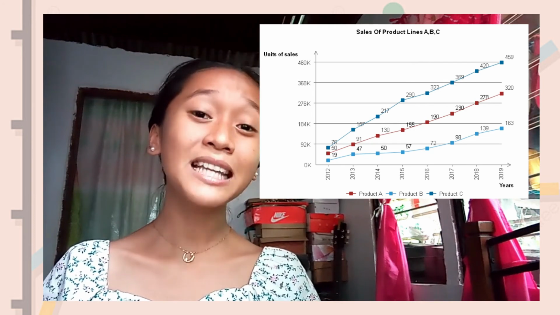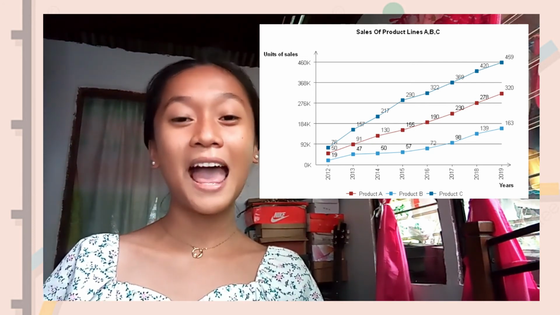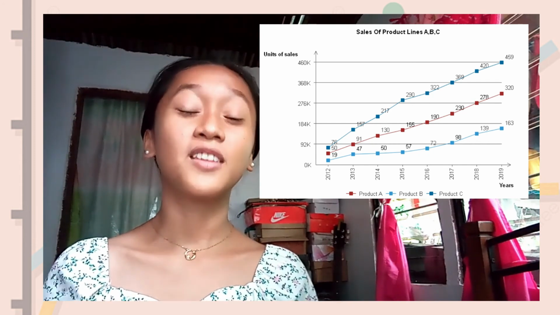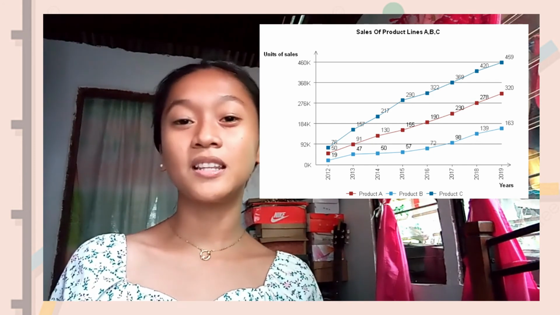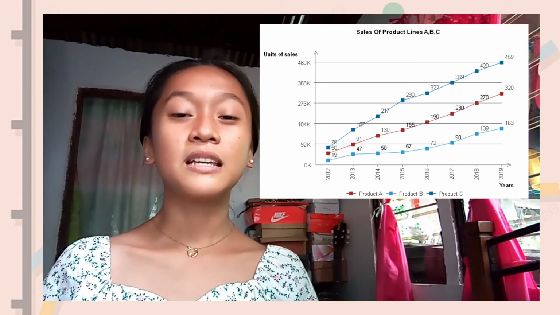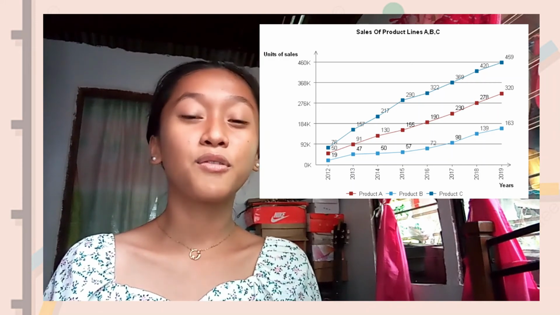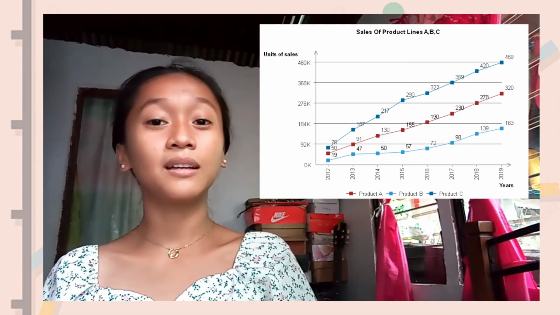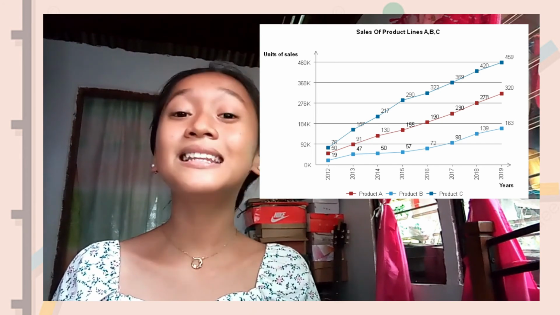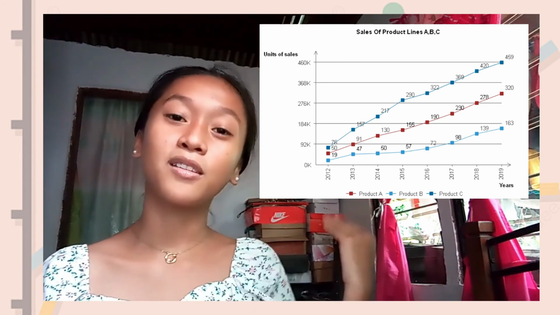The independent variable, known as the horizontal line or the x-axis, represents the years from 2012 to 2019. Meanwhile, the dependent variable is the vertical line or the y-axis, and it represents the unit sales. The years are independent because they don't depend on the other variable.